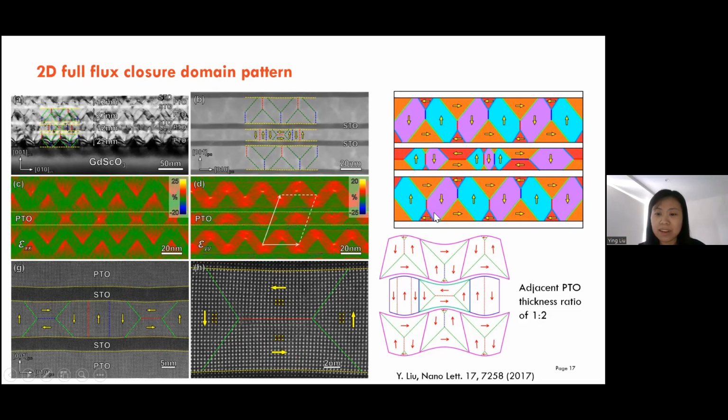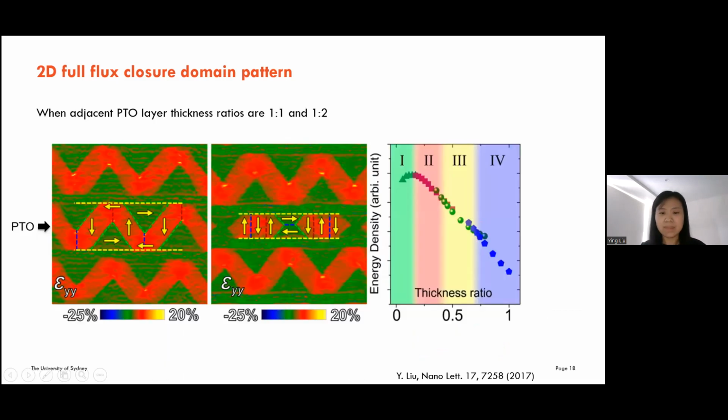And this one is clockwise, and this one is anti-clockwise. And here is a schematic of the resulting domain pattern. From these two images, we can see this trend clearly. And using the phase field simulation, we further prove this result.